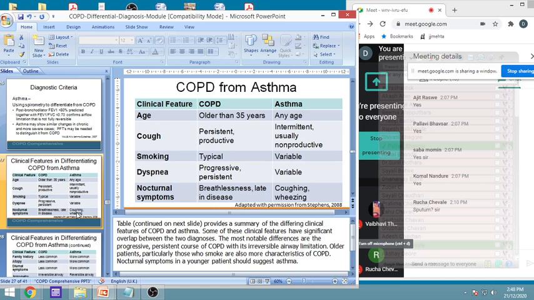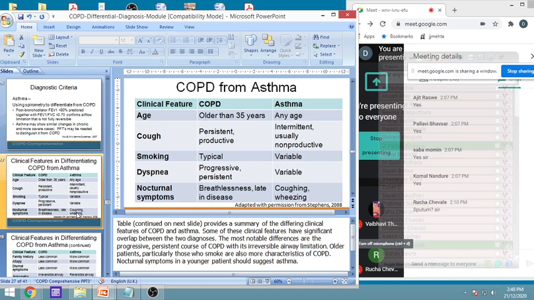Sometimes when some trigger is there, it can be too much, then after some time when the allergic or immune response is over, it regains its own condition. So dyspnea can be either persistent or variable.